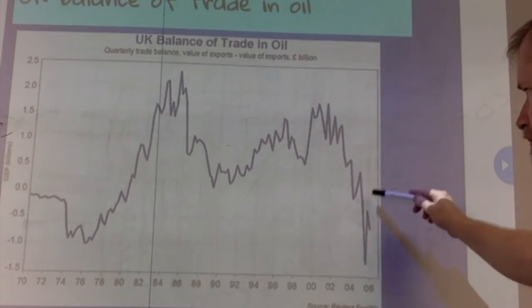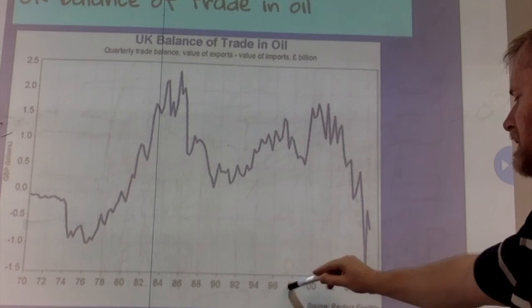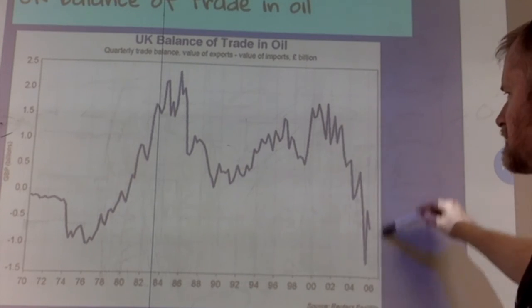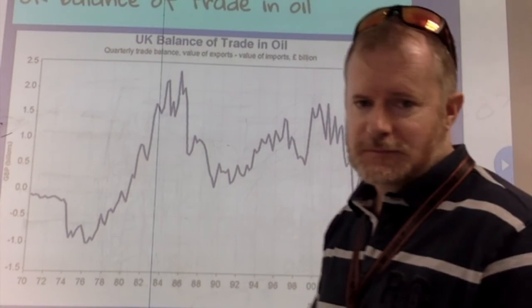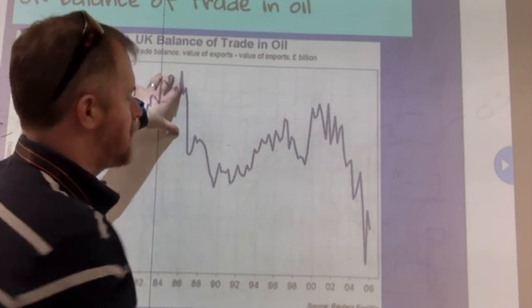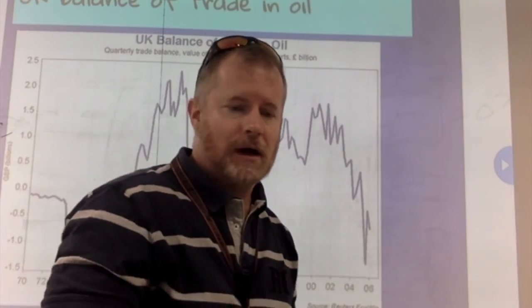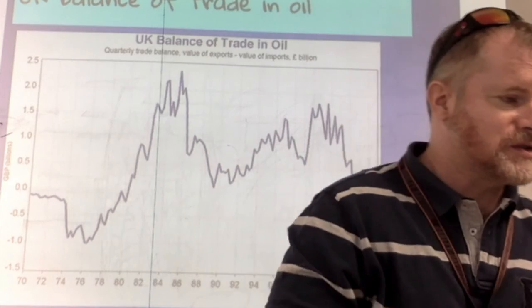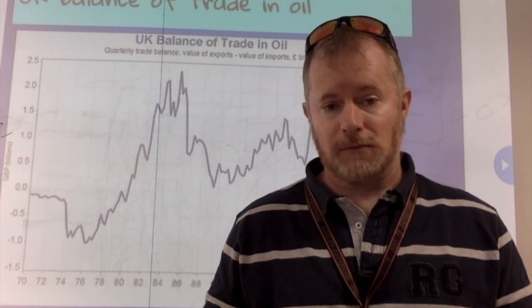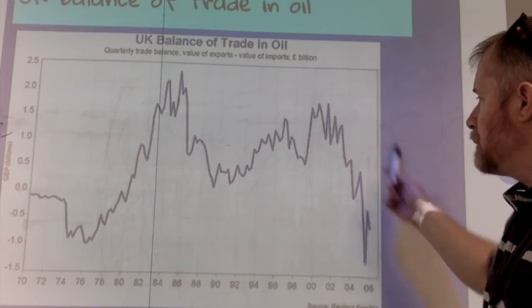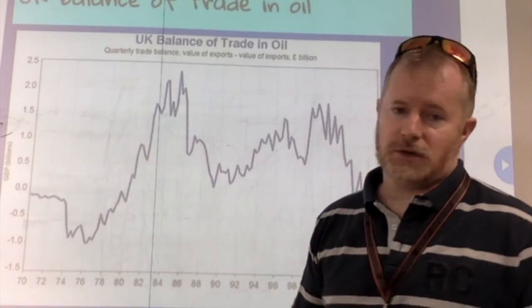Then as you move through here into the late 90s, early 2000s, it became quite negative, trade in oil, which tells us that there's a big disparity or a big difference in the production. That the UK was at one point exporting a whole bunch of oil, later on importing a whole bunch of oil. More being imported, more being exported.